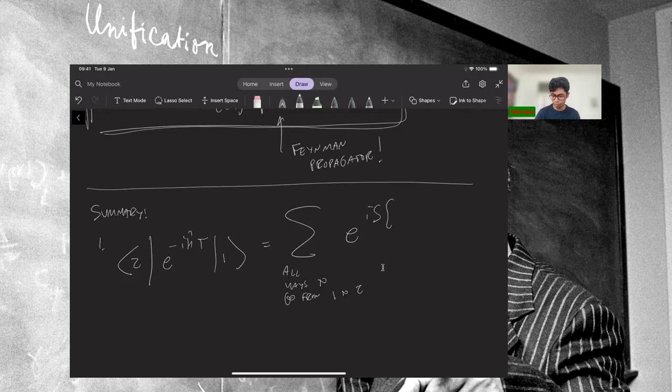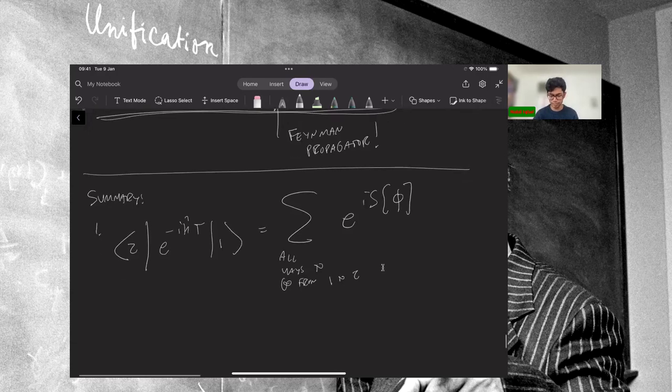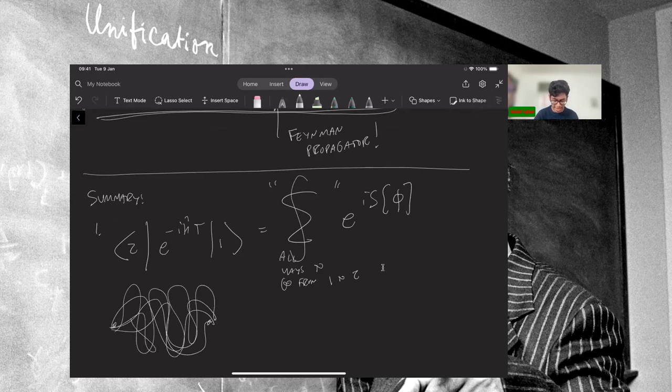So this is a sum over all configurations, and each of them is weighted by e^{iS}. Now I say sum, this is more like an integral, but it's some complicated object that involves summing, integration, and so on. And the point is just that every way of going from 1 to 2, you figure out all of them, and you weight the answer by that exponential.